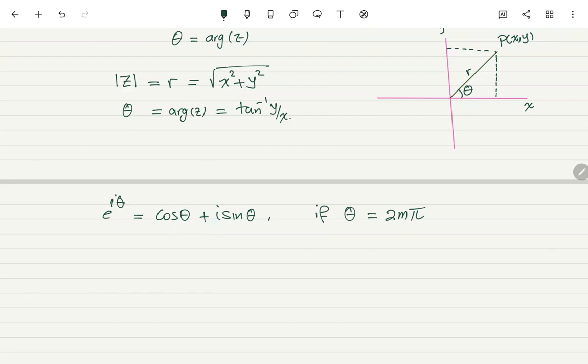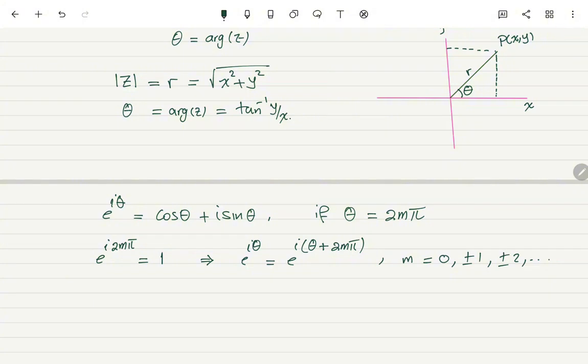So from this definition, e to the i 2m pi is always equal to 1. Therefore, we can generalize e to the i theta is equal to e to the i theta plus 2m pi, because this part is equal to 1, and m equals 0, plus minus 1, plus minus 2 and so on.